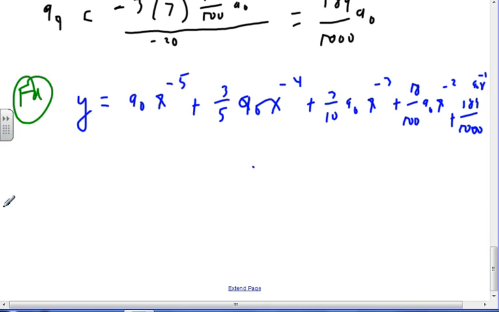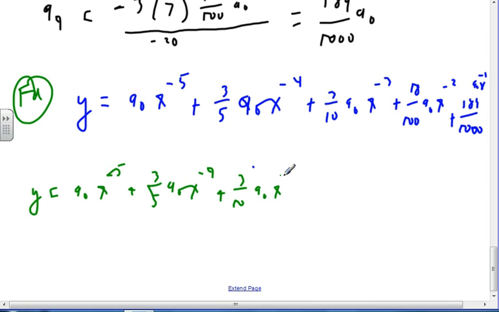Okay, so if y is a0 x to the minus 5, 3 over 5 a0 x to the minus 4, 3 over 10 a0 x to the minus 3, 18 over 100 a0 x to the minus 2.